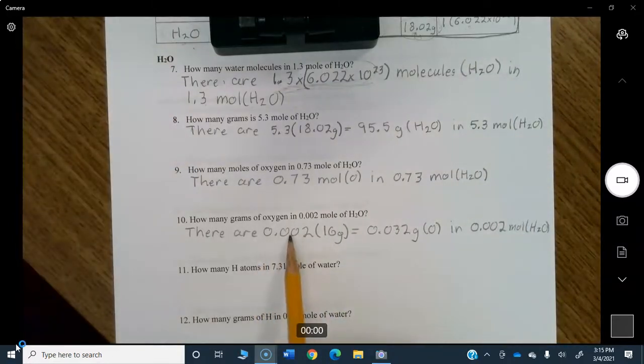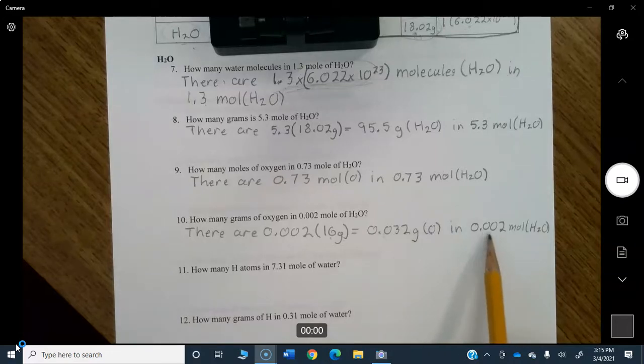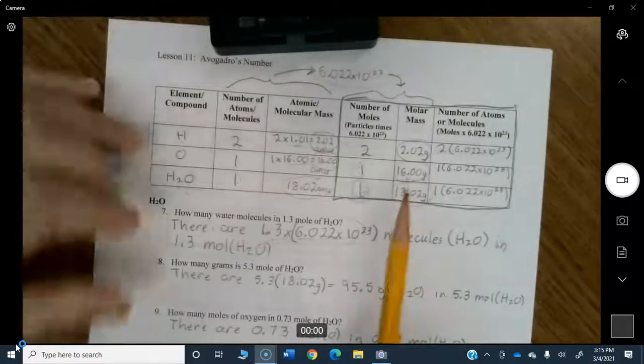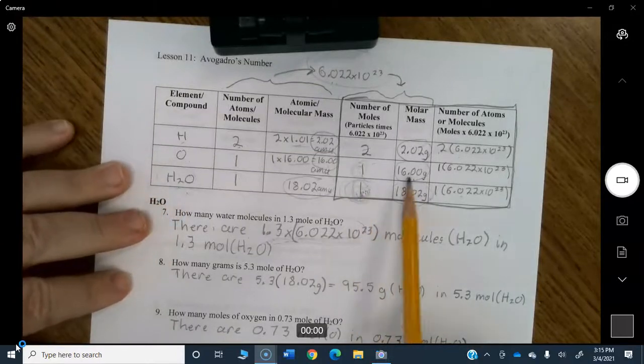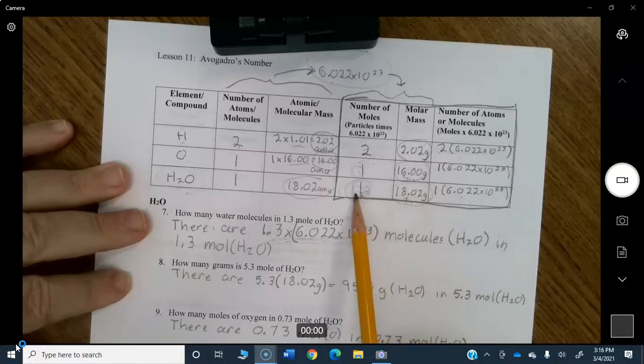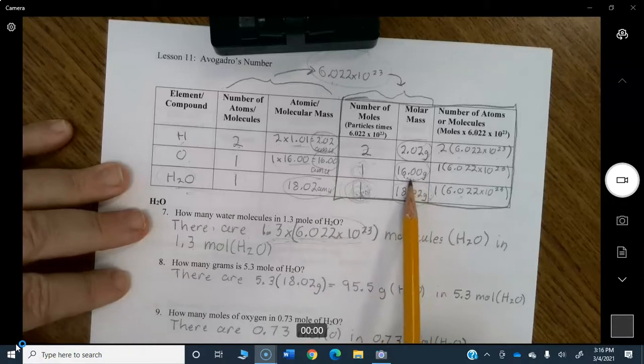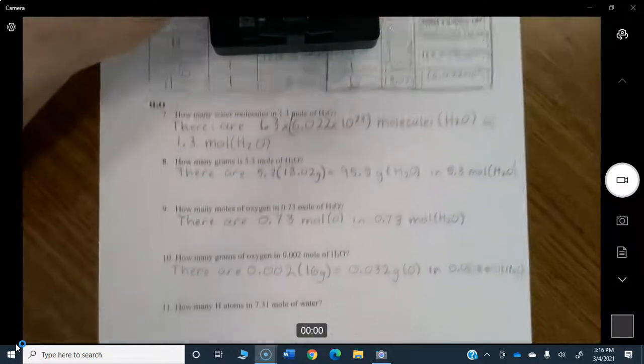Okay, there's 0.002 times 16 grams, which equals 0.032 grams of oxygen in 0.002 moles of H2O. So again, be sure you understand that. For 1 mole of water, you need 16 grams of oxygen. For 0.002 moles of water, then you need to take that and multiply it by 0.002, and that will tell you how many grams of oxygen in 0.002 moles.